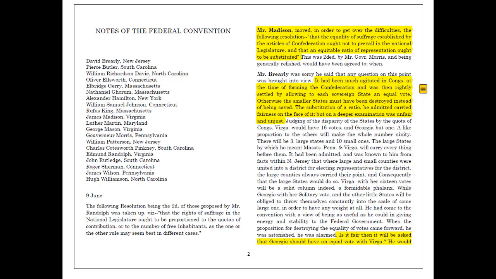Because the first two speakers to come out in opposition to these proposals are both delegates from New Jersey, that is David Brearley and then William Patterson, it is conventional to describe the alternative to Madison's plan as the New Jersey plan. And you may have heard in your high school history class or somewhere else that the primary debate within the Federal Convention was between the Virginia plan and the New Jersey plan.